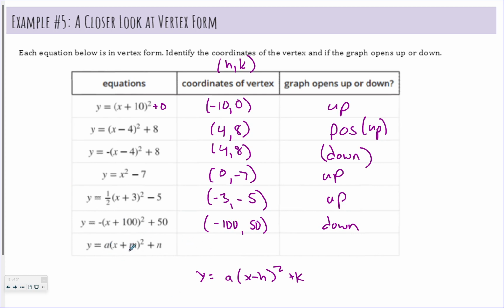What about this one? What's the vertex here? Oh, it's all letters. Remember, who cares if it's letters, right? Still the same idea exists. Sign change, -m. No sign change, +n. Now, does the graph open up or down?